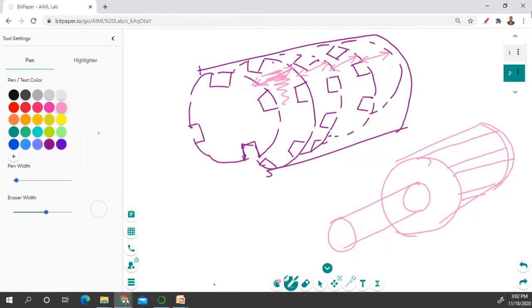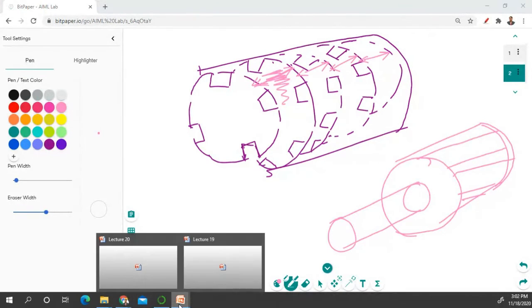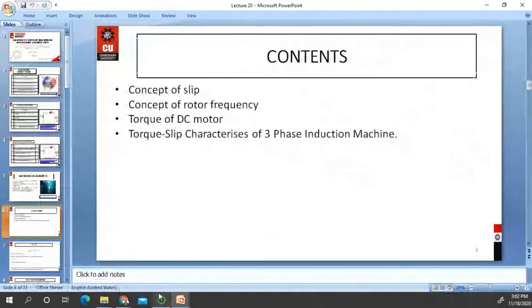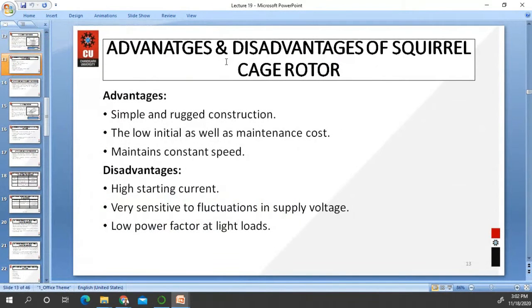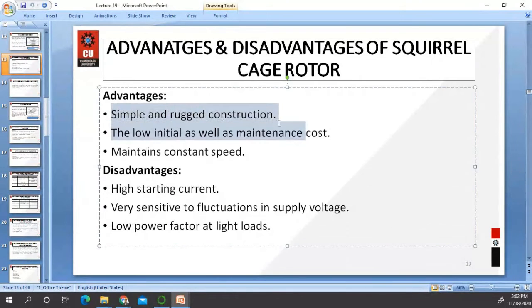Okay, let's come to the next point. What are the advantages and disadvantages of the squirrel cage rotor? The first advantage is its simple construction. Second, it has low initial as well as maintenance cost.